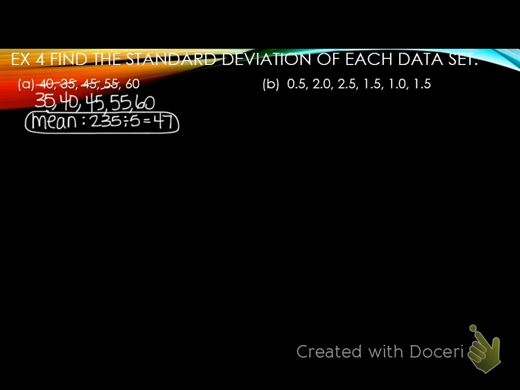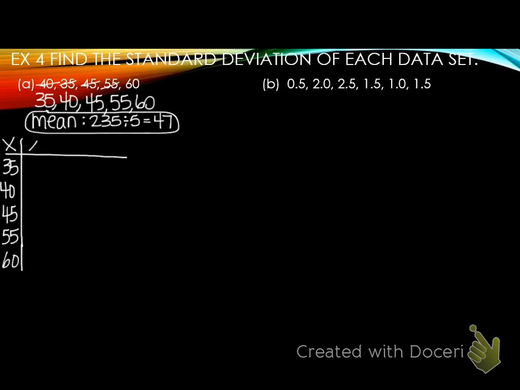Now the next thing I'm going to do is teach you a chart. If you learn this chart, I promise you your life will be simple. The first line in this chart is our x values, those numbers that are given to us. So let's list them: 35, 40, 45, 55, and 60.